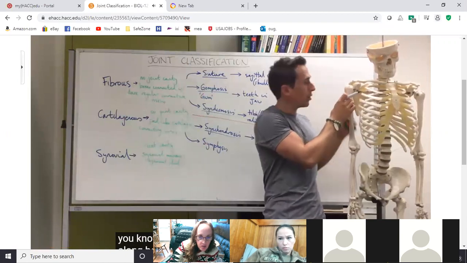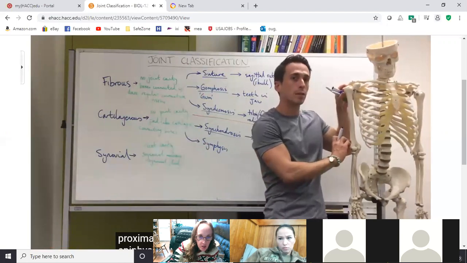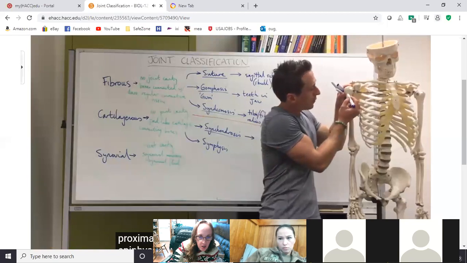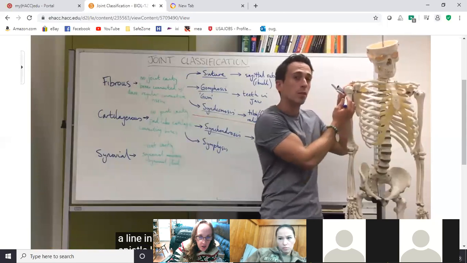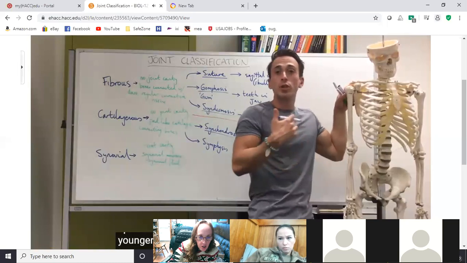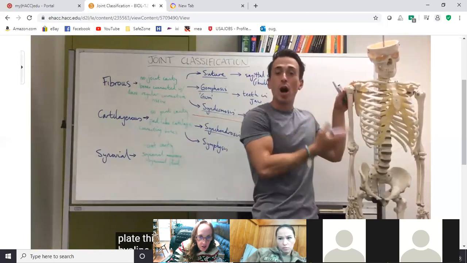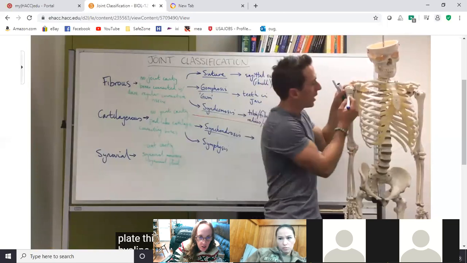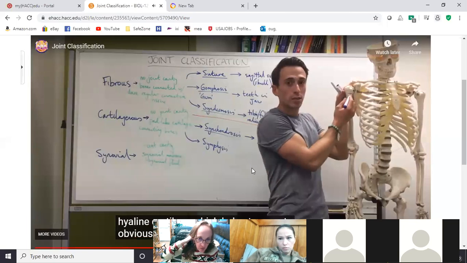Then at either end, you have a proximal epiphysis and a distal epiphysis.